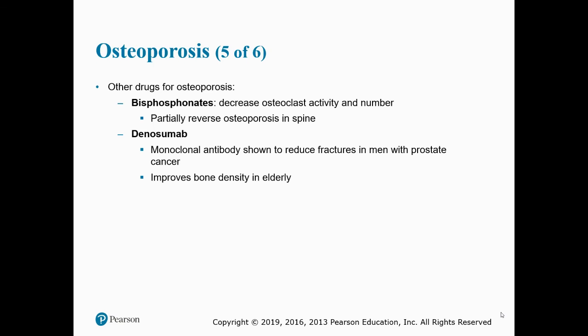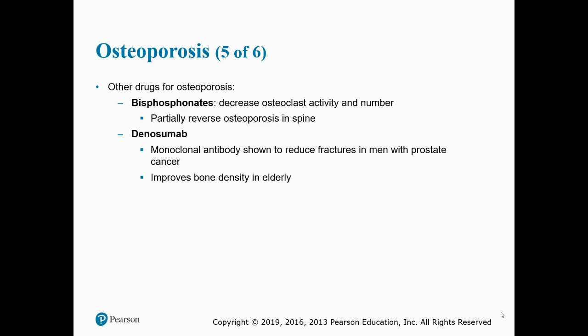And even with drugs like bisphosphonates, right? They decrease the osteoclast activity and the amount of them. So that would kind of reverse that osteoporotic condition, but it isn't an end-all, be-all. You do still need that remodeling to go on. So you just want to reduce the activity and reduce the amount so that you don't have the ill effects of this.